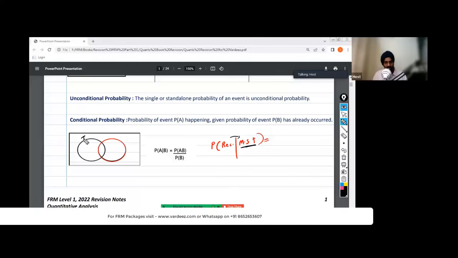So if you look, this is recession and this is money supply increase. This red circle has already happened. So what we need is to find the other thing.